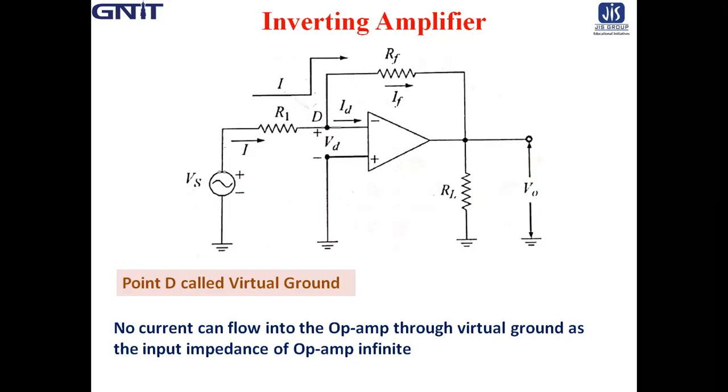As the open loop gain A of the op-amp is very high, because it reflects the characteristics of an ideal op-amp, and the output voltage V0 is finite due to negative feedback, we have Vd equal to V0 by A, which tends to 0 as A tends to infinity.